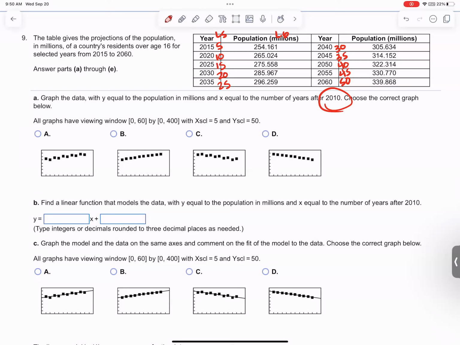Okay, all right, so let me get this out of the way. I'm going to go stat, edit, go over to L5 and L6 and start putting in the years: 5, 10, 15, 20, 25, 30, 35, 40, 45. Then I'm going to put the millions of people in, starting with 54.161.